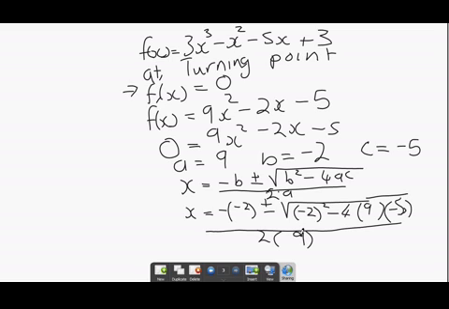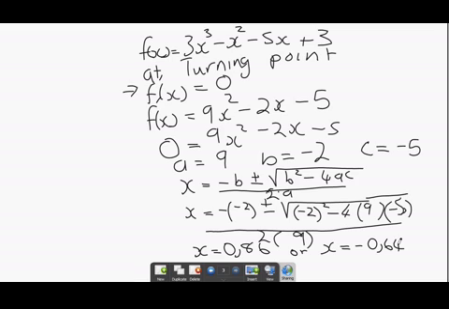My 2 answers are x is equal to 0.86, or x is equal to negative 0.64. Now I've got the x values.